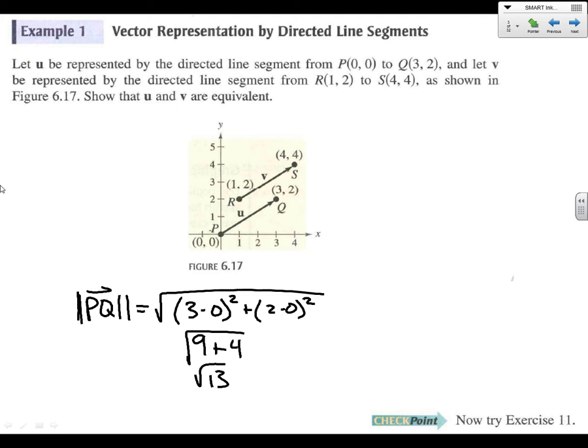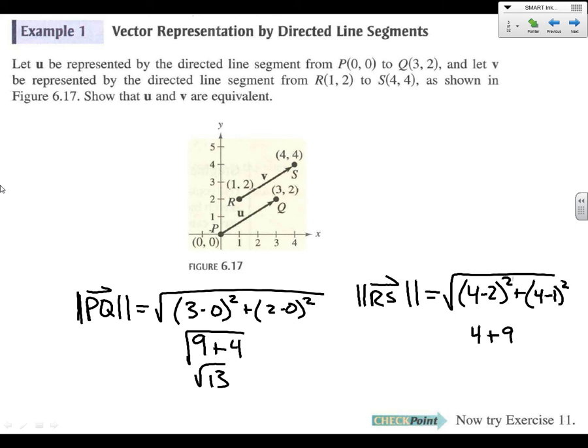The other one is the magnitude of vector RS, the square root of 4 minus 2 squared plus 4 minus 1 squared, which is 2 squared is 4, and 3 squared is 9, and we do get the same thing. So the distances are the same and they are equivalent.